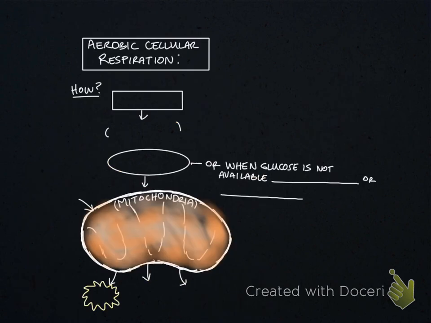So aerobic cellular respiration. It begins a lot like anaerobic. We start off with, say, a molecule of glucose, and it goes through glycolysis. And of course we end up making 2 ATP and also pyruvate.